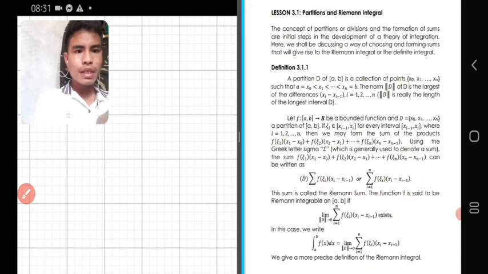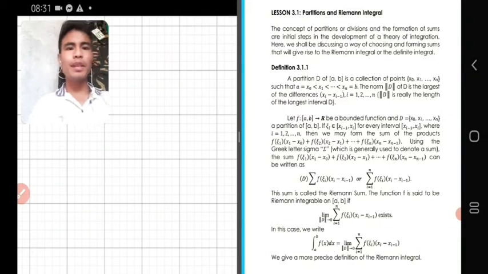Now, this sum is called a Riemann sum. The function f is said to be Riemann integrable on a, b if the limit as the size of the partition approaches 0 of the summation of f of chi sub i times the difference x sub i minus x sub i minus 1, as i ranges from 1 to n, exists.